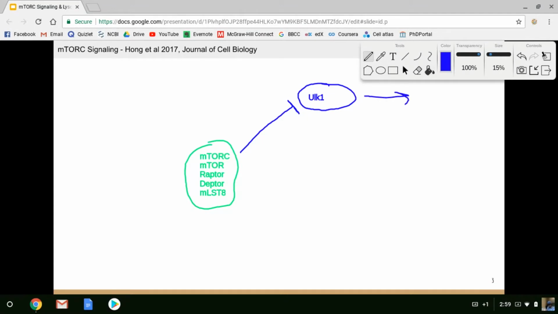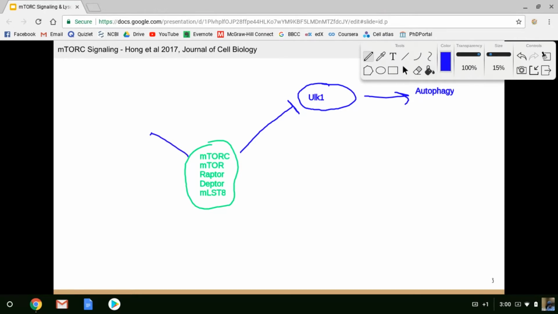And ULK1 is the primary pre-initiation complex of autophagy. And so by inhibiting ULK1 via phosphorylation, mTORC prevents autophagy initiation. And this is basically the main mechanism by which mTORC prevents autophagy.